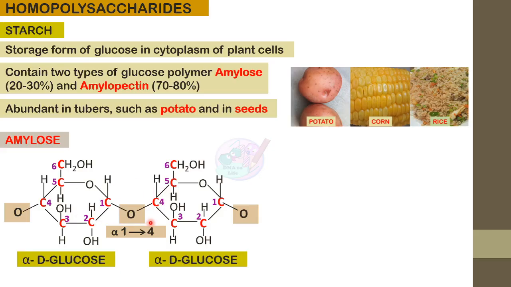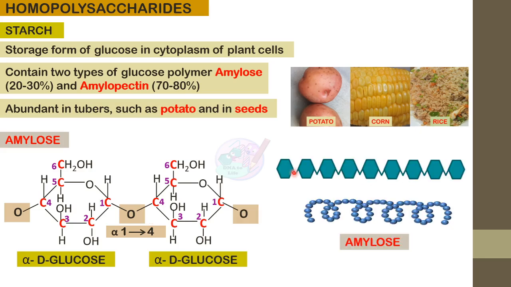So this linkage is an alpha 1,4 linkage. Multiple glucose units are linked with alpha 1,4 linkage and form a long chain, and they together form this helical structure. So basically amylose is a helical structure.